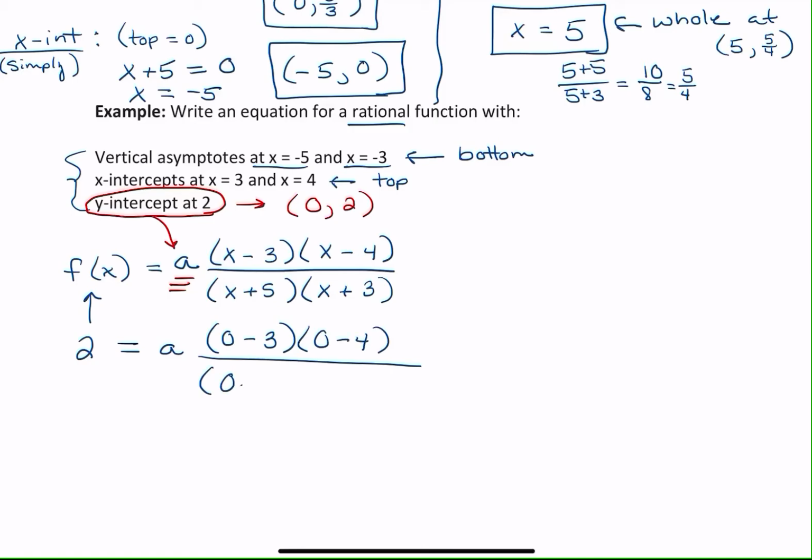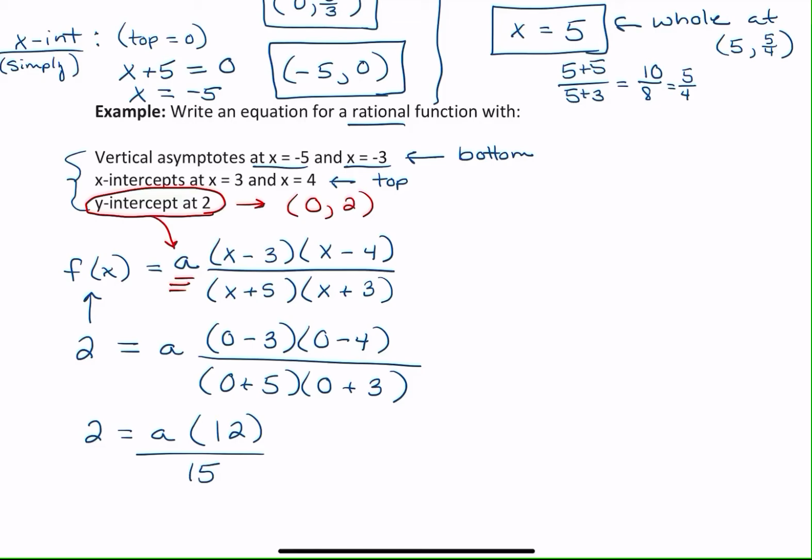And this is going to allow me to solve for a, because I've plugged in numbers for every other variable. So I've got 2 equals a times, that's going to be -3 times -4 will give me a positive 12. And then on the bottom I have 5 times 3 is 15.